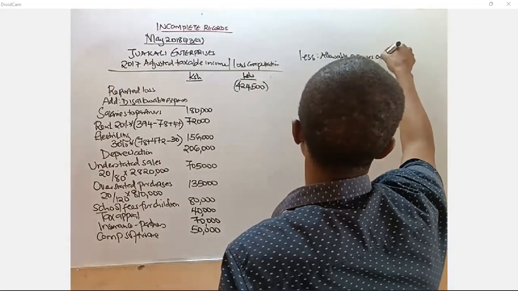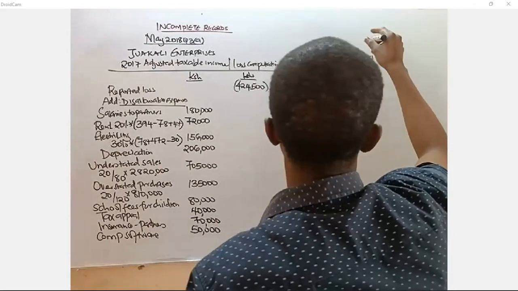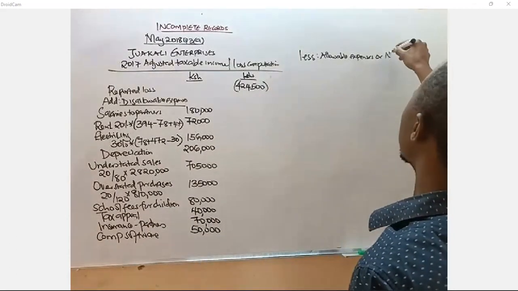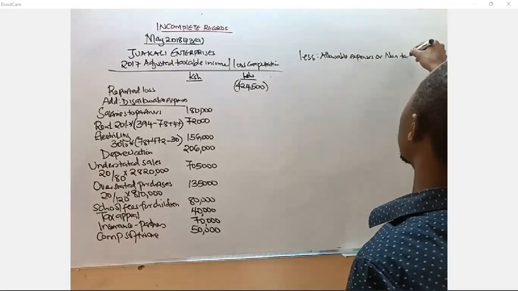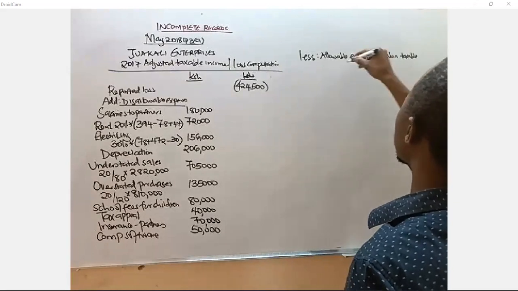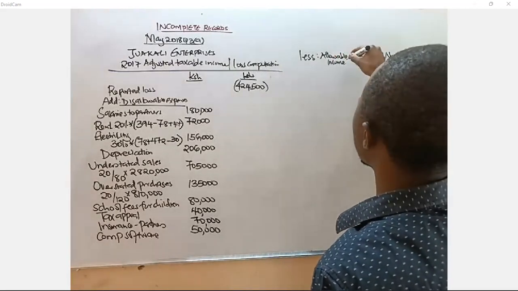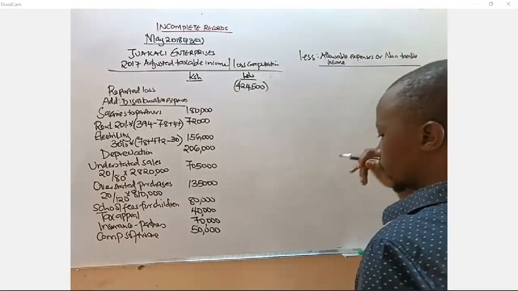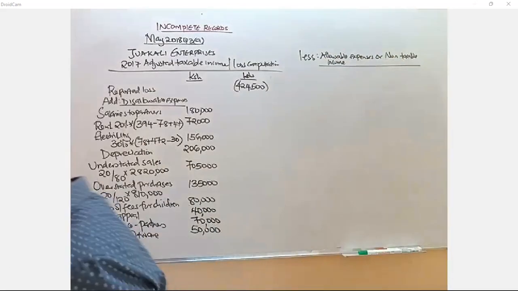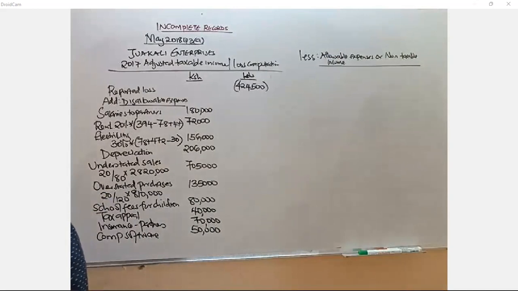Teacher, what about these other assets on the credit side of our cash book? We have purchase of furniture on the credit side of our cash book. We are not disallowing because we are going to give it WTA.